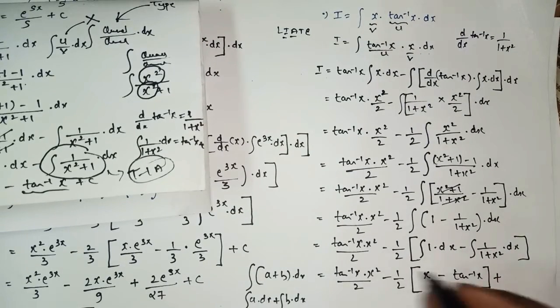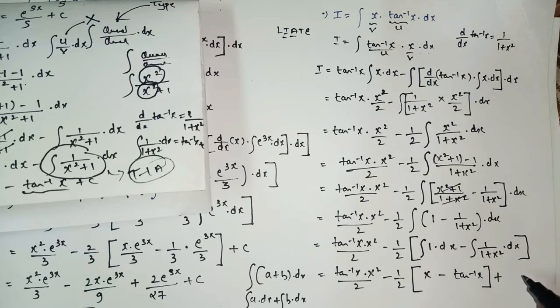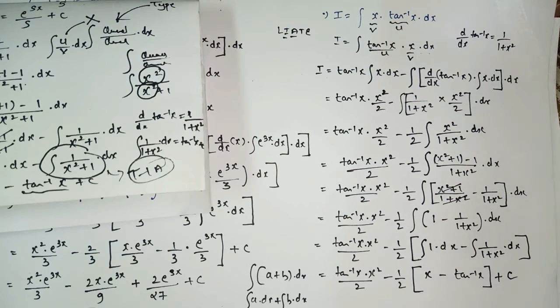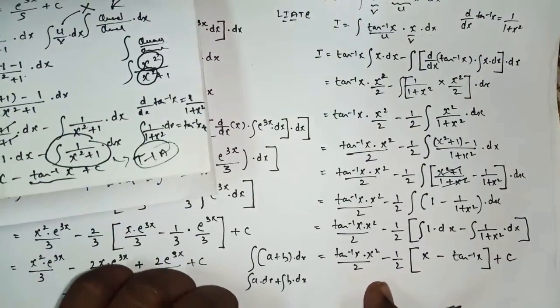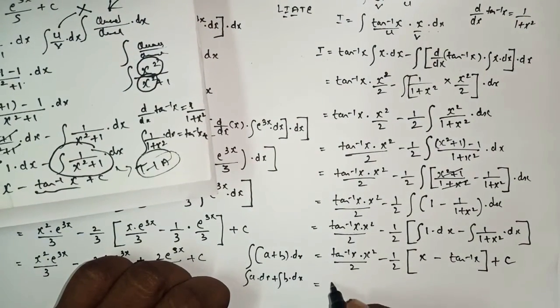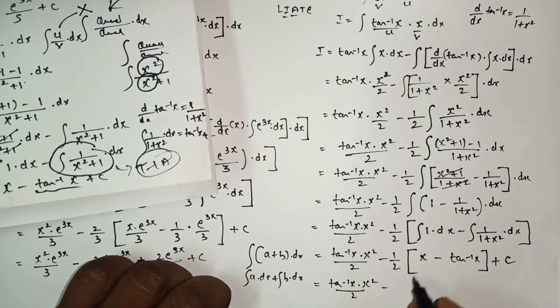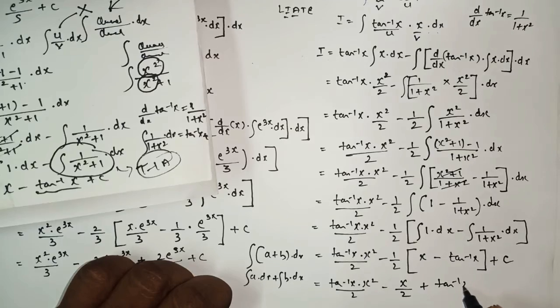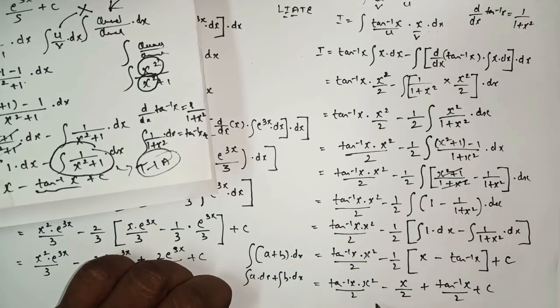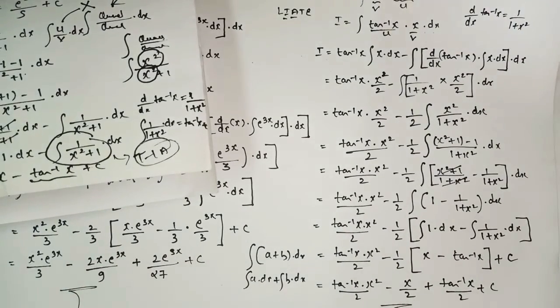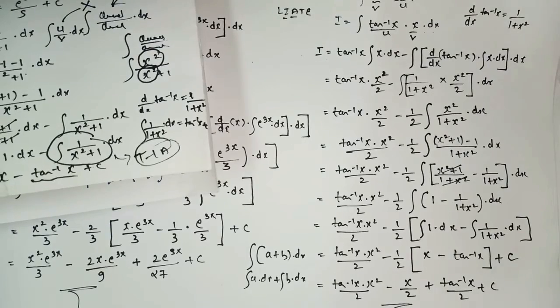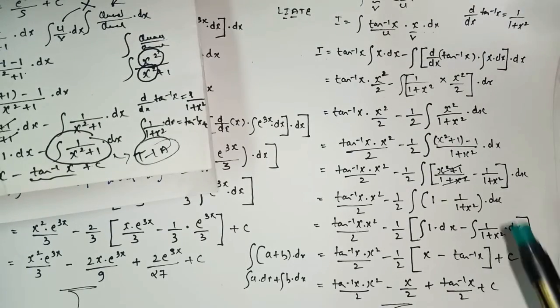Integration has been removed for each and every function, and we applied the integration with respect to x, and in the final step you can write plus c. Okay, final adjustment you can do like this: tan inverse x into x square upon 2, bracket open, so this will be x by 2 minus minus plus, and this will be tan inverse x upon 2 plus c. So in this way you can find your answer. I hope you all understood this adjustment.